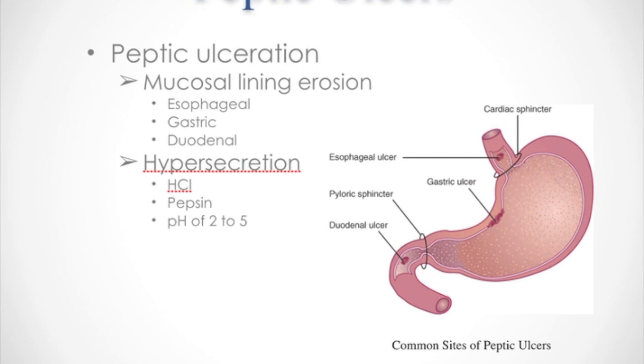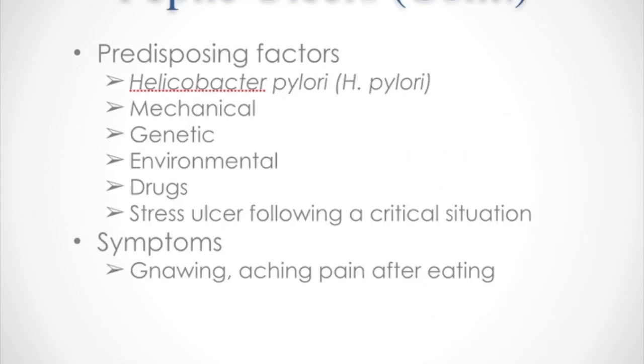They usually occur when there is hypersecretion of stomach acids, and that erodes the mucosal lining. The pH of the stomach should be 2 to 5, and if it increases or decreases too much, that puts the patient at risk for complications.